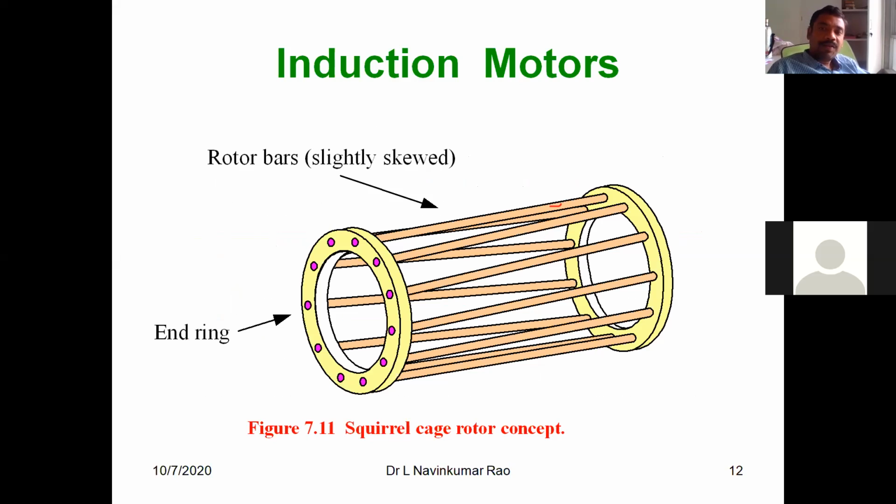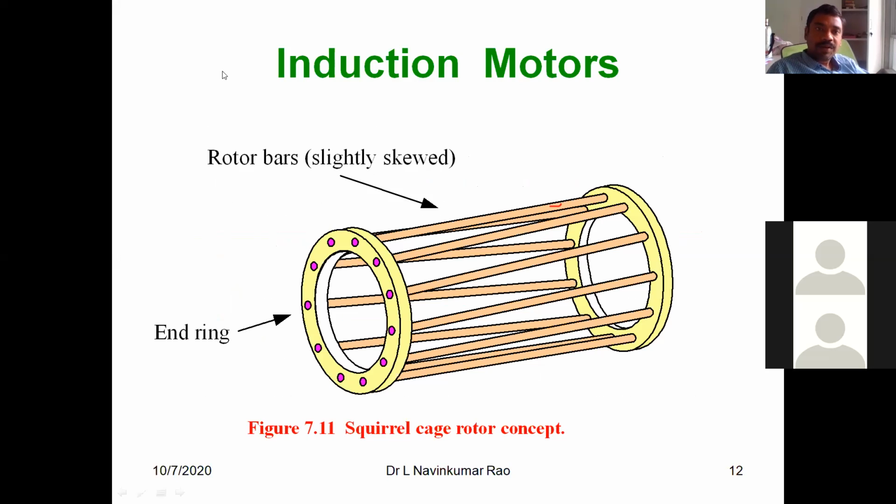Let me show you these bars. This is the construction of the rotor. Just try to understand this construction. How is the construction of the rotor? It is made of aluminum bars or copper bars; these copper bar rods are there.